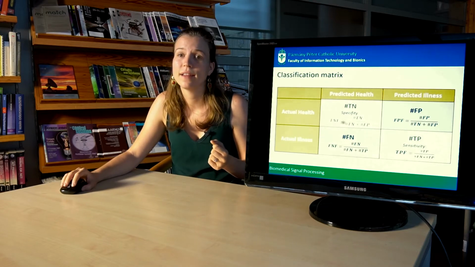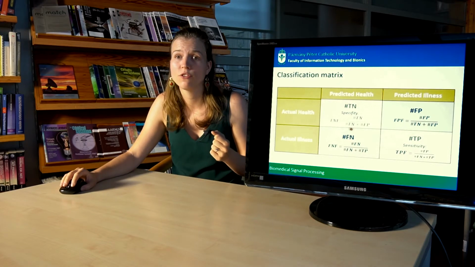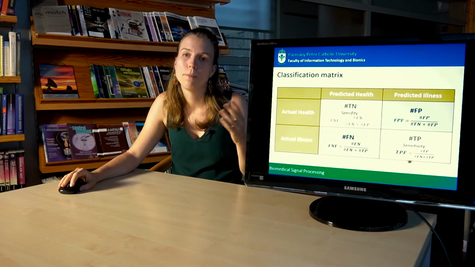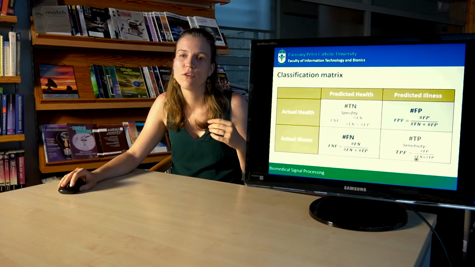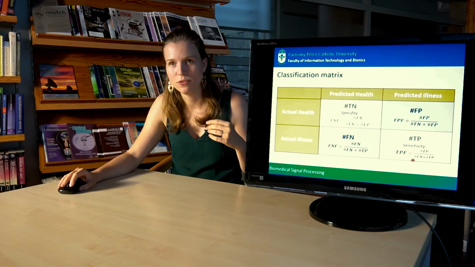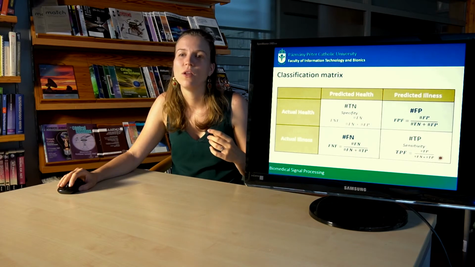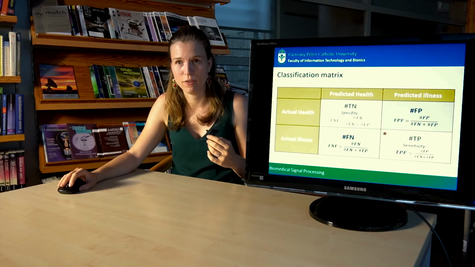And then here you can see this true negative fraction, which is the number of true negatives over true negative plus false positive. You have the true positive fraction, which is true positive over false negative and true positive. And this will also be the sensitivity, and this is the specificity of the test.